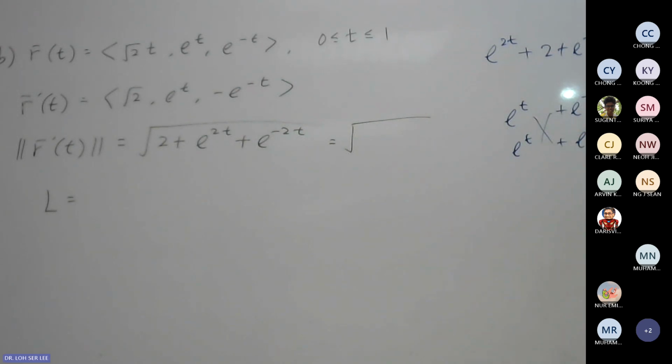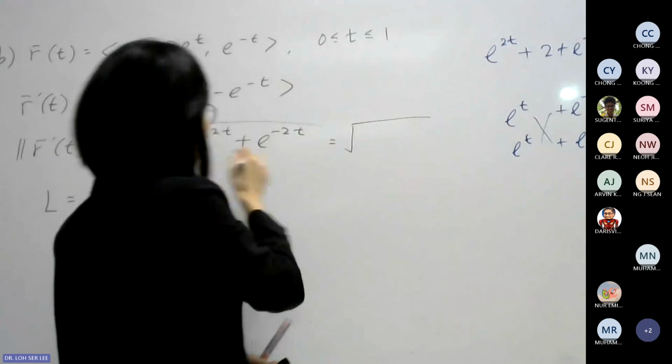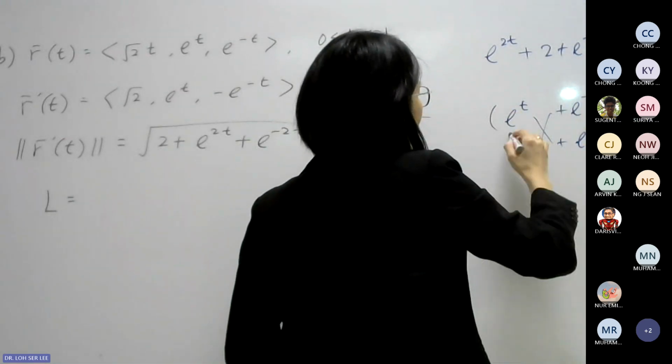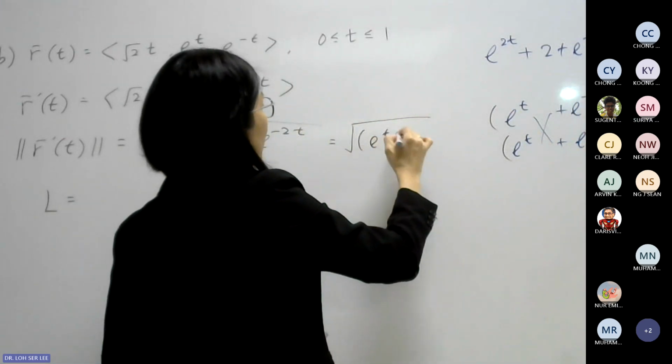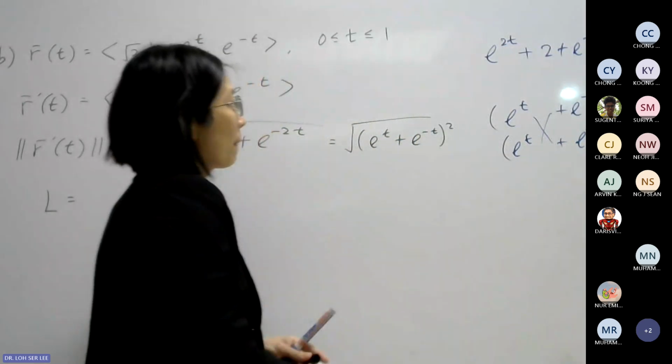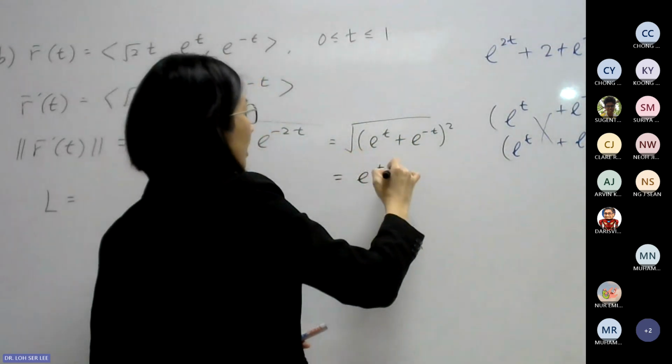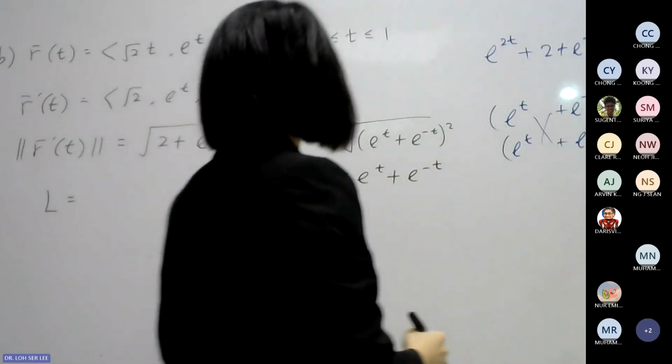So e^t times e^(-t), what again? Yes, 0. You get e^0, right? e^0 is 1. So the answer gets 2. So you can factorize this into this one times this. So this is (e^t plus e^(-t)) squared. Then you cancel out the square root and the square, you get e^t plus e^(-t).